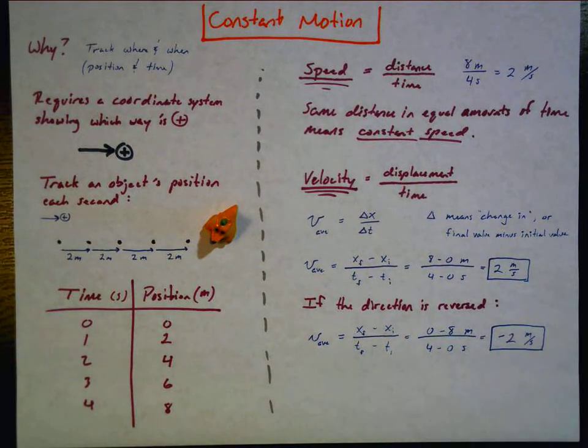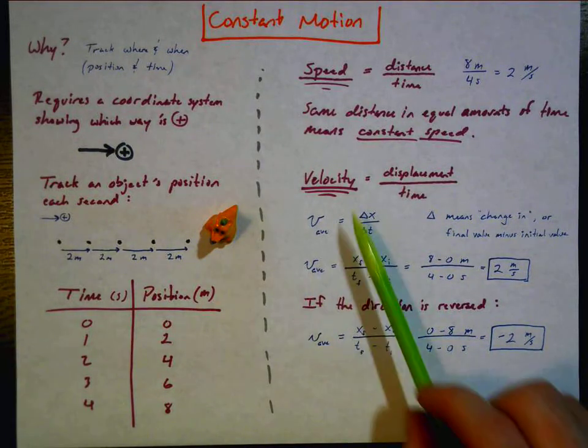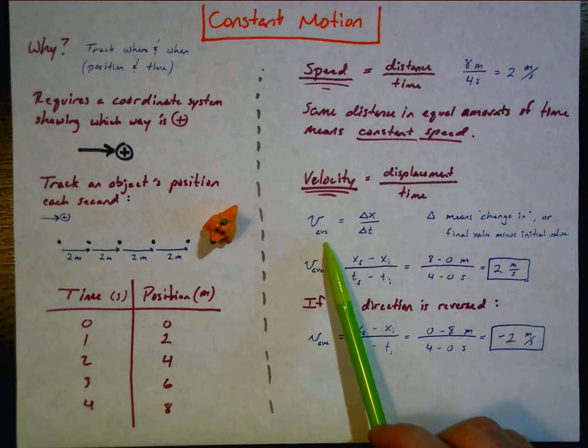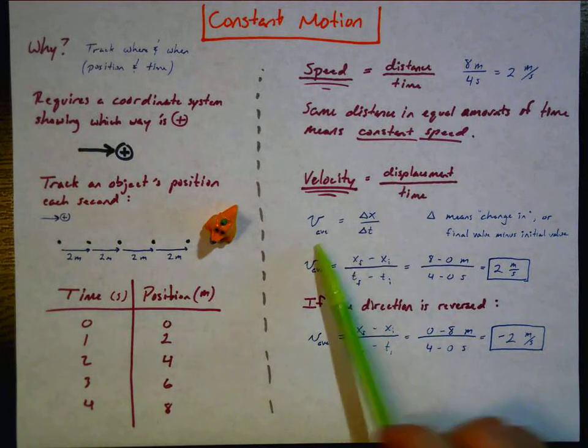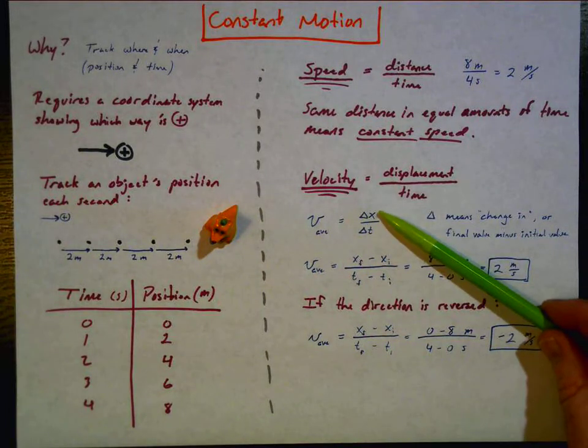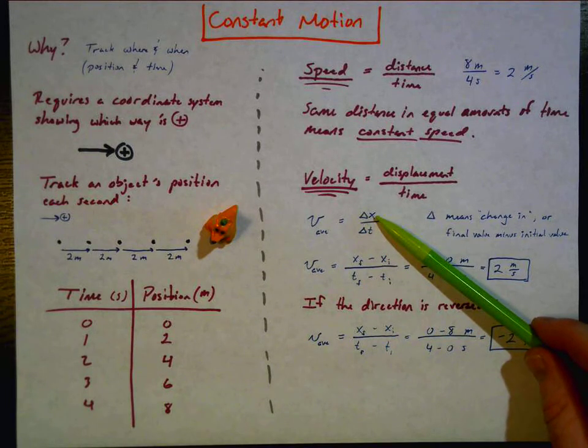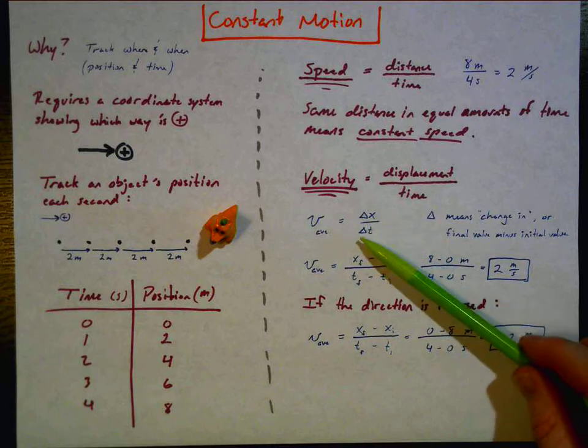It's a subtle difference. We're going to specifically deal with the average velocity. That's technically what we have to call it, but we don't always have to say the word average. So average velocity is displacement divided by time. Displacement is change in position. This triangle is called a delta symbol, and anytime we see that, it indicates a change in something. So we see a change in position divided by a change in time.